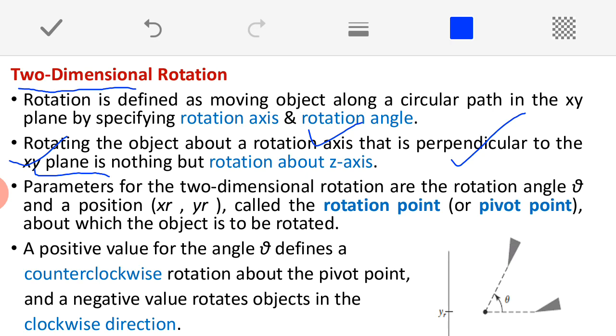Your mobile display screen itself is an xy plane here. Any doubt? So this mobile screen is an xy plane. This is x and this is y. And for this xy plane, just put your finger perpendicular to it. Is it clear?